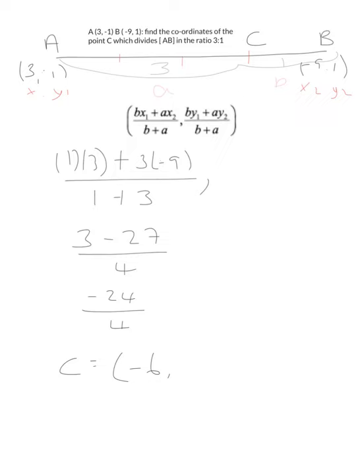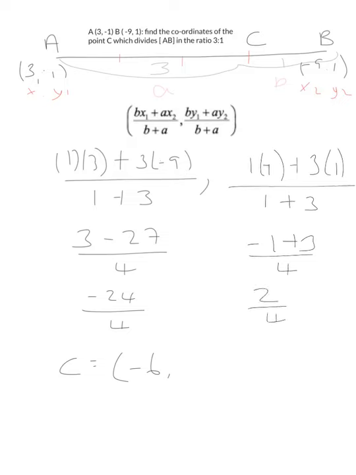So that'll give me B, which is 1 times 1, plus A, which is 3 times minus 1, that should be a minus 1, all over B plus A, which is 1 plus 3. That will give me 1 minus 3 all over 4, which is minus 2 over 4, which works out to be minus a half. So then the C coordinate is minus 6, a half.